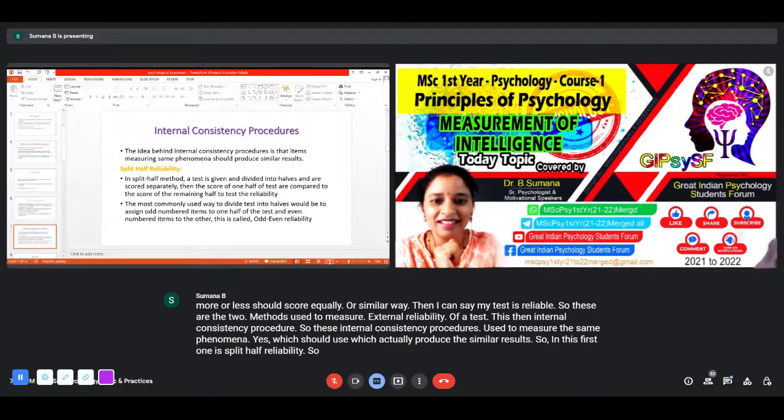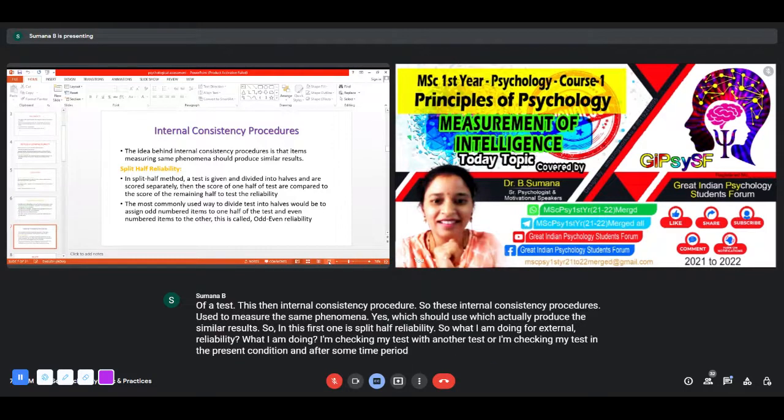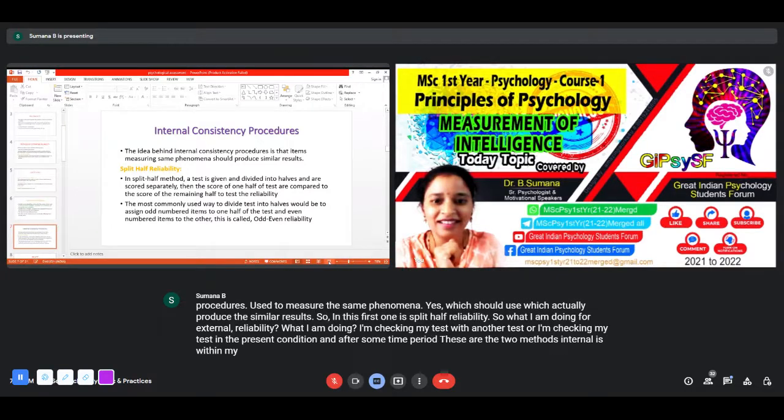So for external reliability, I am checking my test with another test, or I'm checking my test in the present condition and after some time period. These are the two methods. Internal is within my test only. Within the test only I am checking the internal reliability.